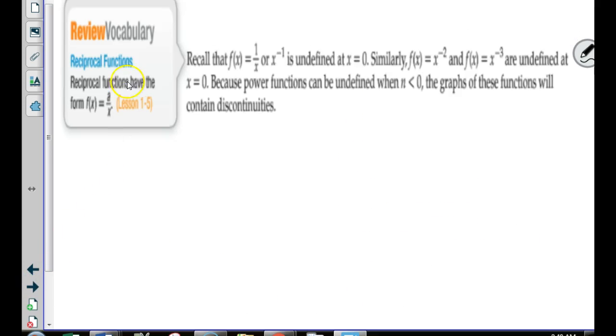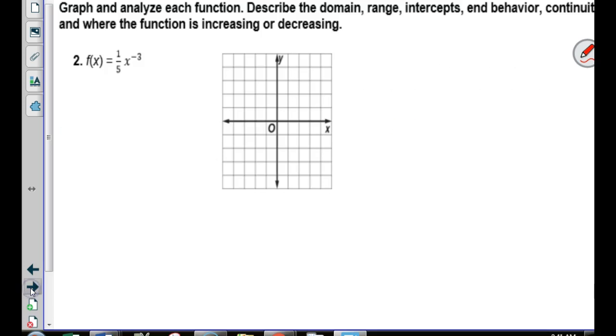All right, a reciprocal function is anything that can be written as a over x, which means it could be ax to the negative something. But these will have discontinuities. Anything you have an x in the denominator, there's going to be an asymptote or an undefined place of some kind.